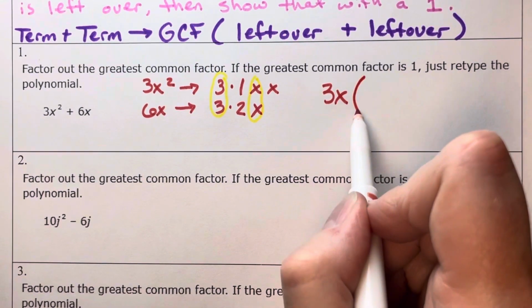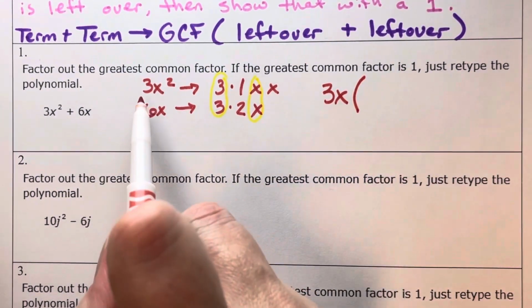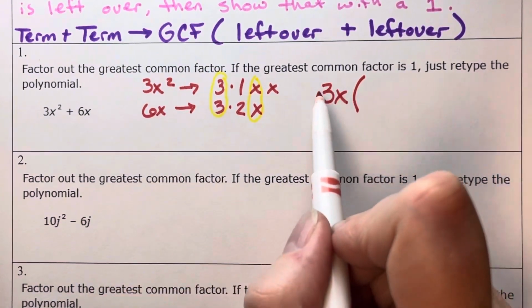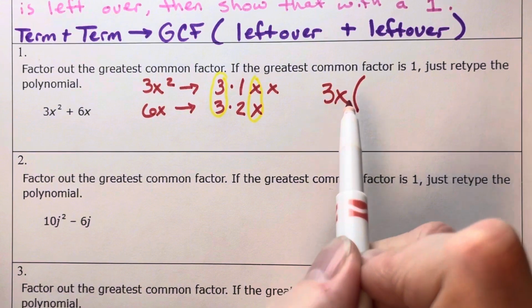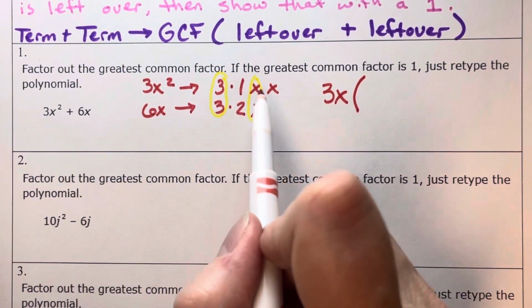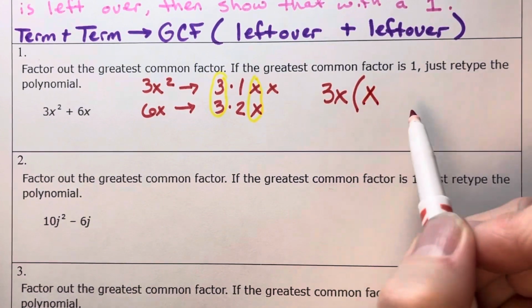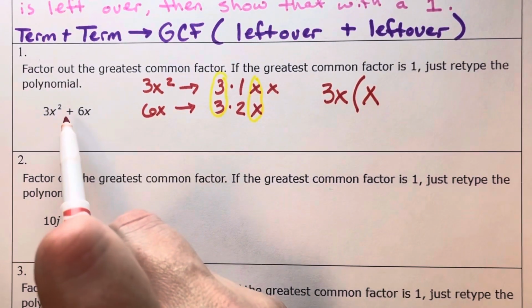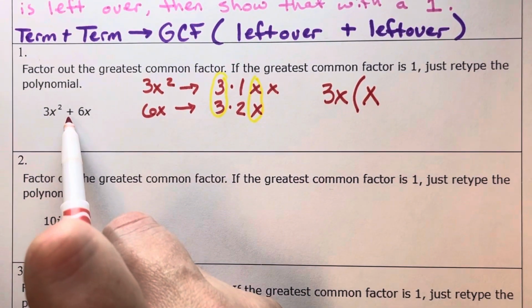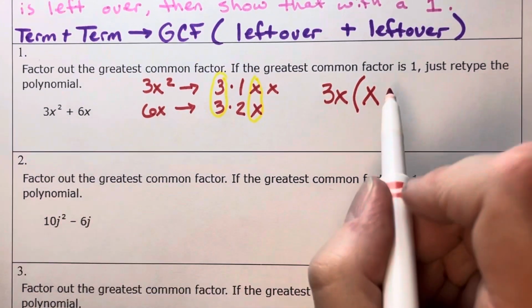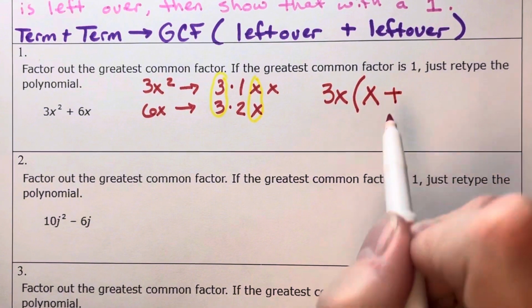So you open with a set of parentheses, and you say, for my first term of 3x squared, what didn't make it into the greatest common factor? A 1 and an x. Well, 1 times x is just x. There's that. There is a plus in between our two terms here in the initial problem, so I put a plus after my x.